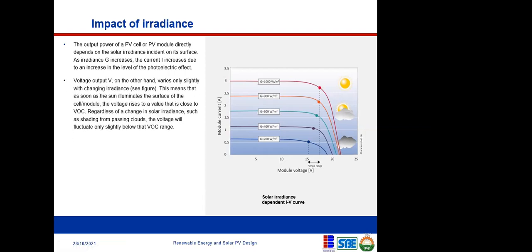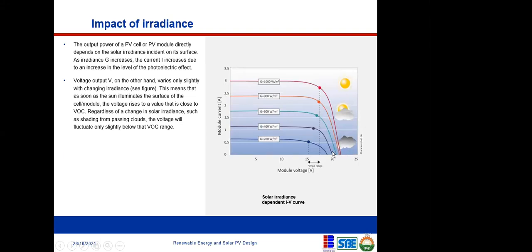Now the voltage output, on the other hand, varies only slightly with changing irradiance, which I've explained already. This means that as soon as the sun illuminates the surface of the cells or the module, the voltage rises to a value that is close to the open circuit voltage. You remember that at this point we have our open circuit voltage.